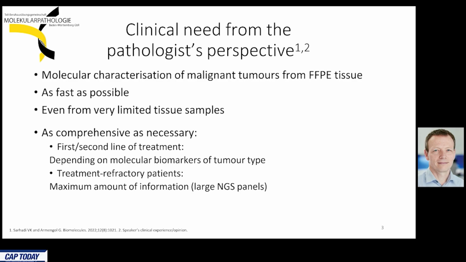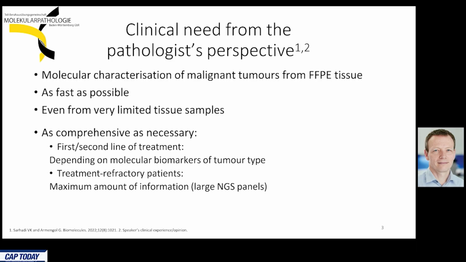We pathologists offer a molecular characterization of malignant tumors on a daily basis. It should be done, of course, from FFPE tissue and should be as fast as possible. And we must manage it even from very limited tissue samples.